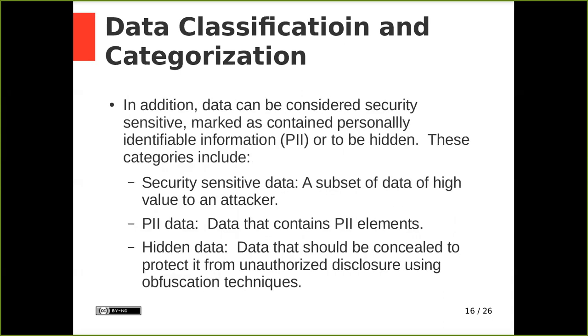In addition, data can be considered security sensitive, marked as containing personally identifiable information, or to be hidden. These categories can include security sensitive data, basically a subset of data of high value to an attacker. PII data, so data that contains PII elements. And then hidden data, so data that should be protected from unauthorized disclosure using obfuscation techniques.